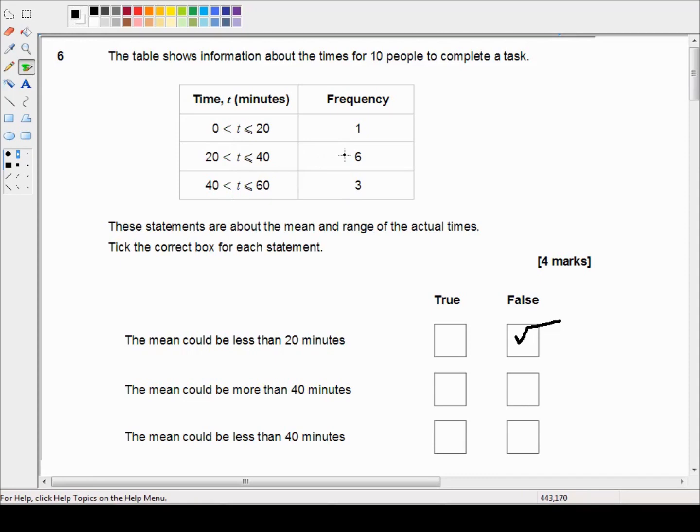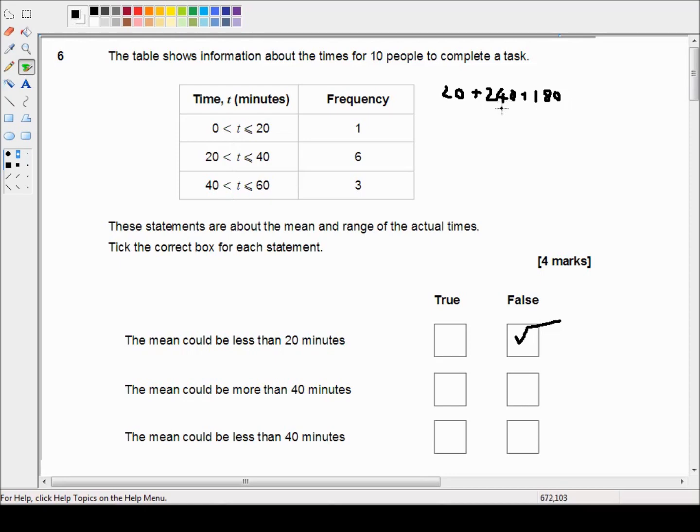So we could have a 20, plus 6 times 40 is 240, plus 3 times 60 is 180. 180 plus 20 is 200. 200 plus 240 is 440.